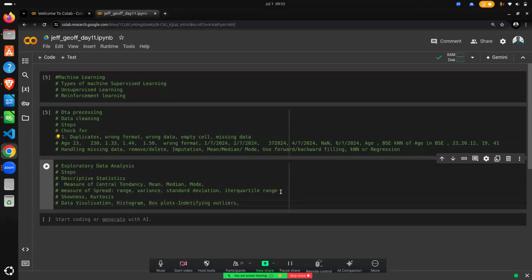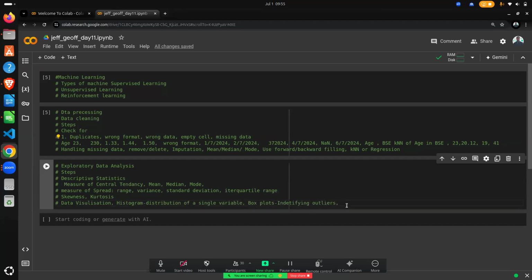And then histogram, distribution of a single variable.